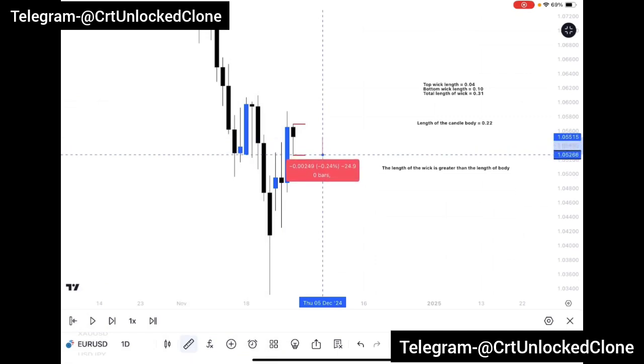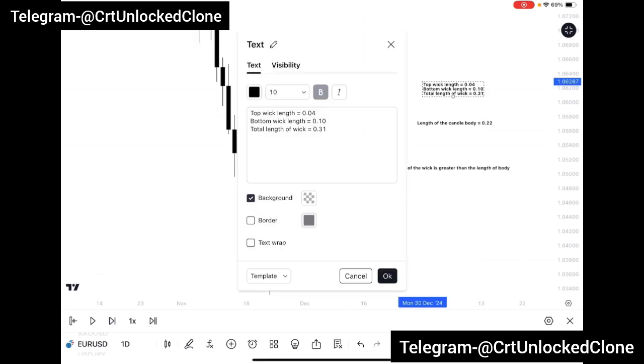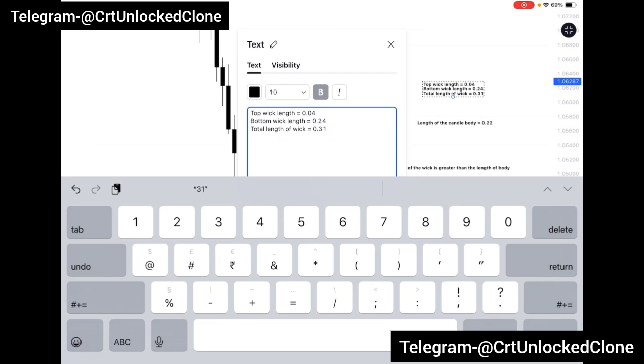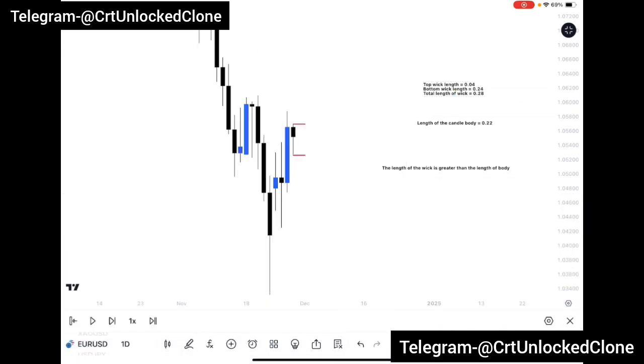Same candle, we got 0.24. So the total length is 0.04 plus 0.24 is 0.28. So here we got the total length of wick of this candle is 0.28.